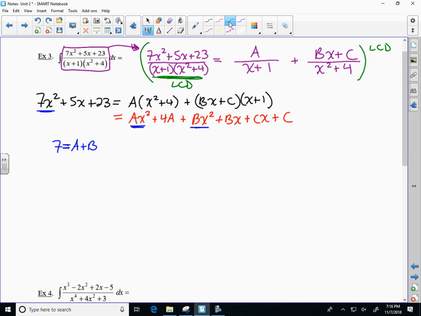For the x's, I have 2 of those, so I have 5 being equal to b plus c, because the x's are going to cancel out. And then 23 is going to be equal to 4a plus c.